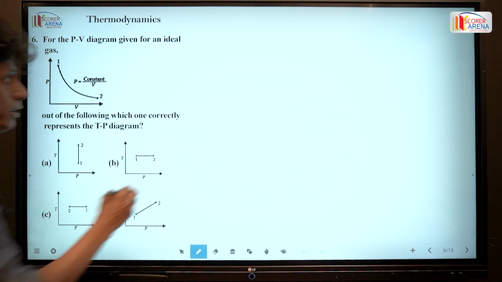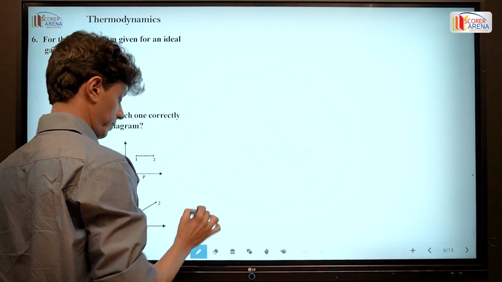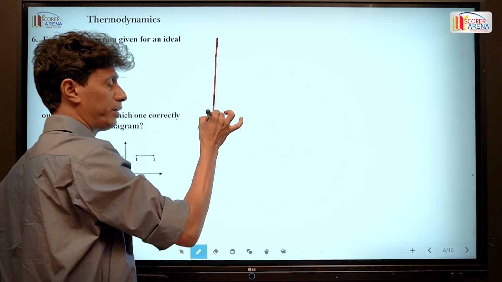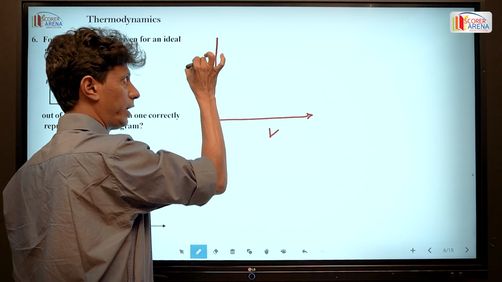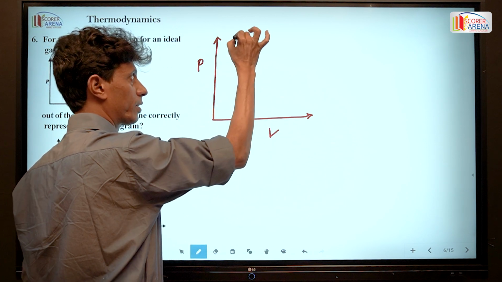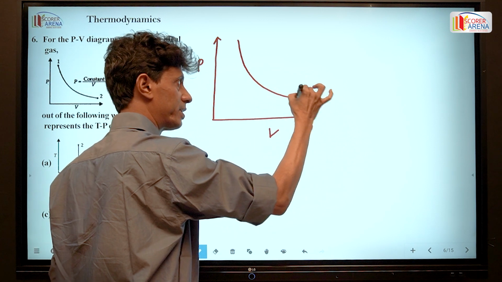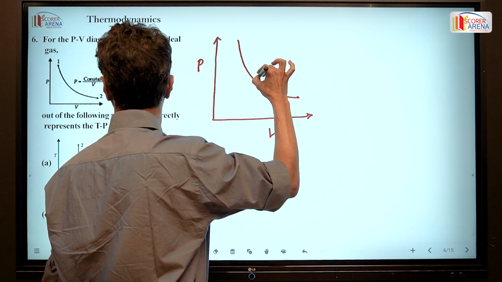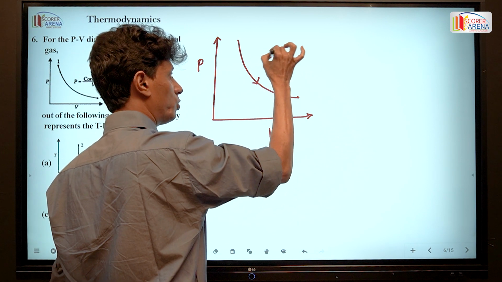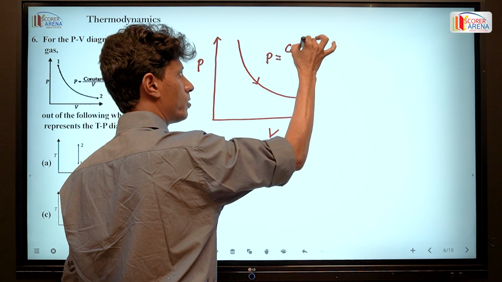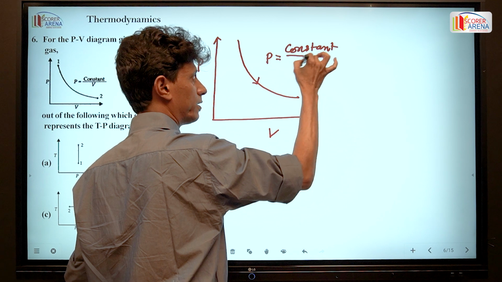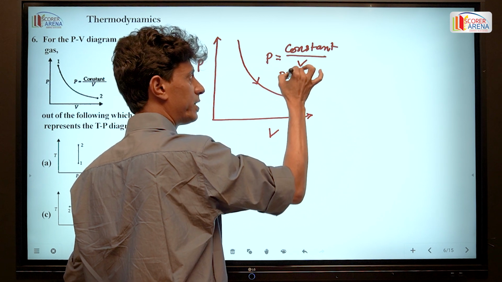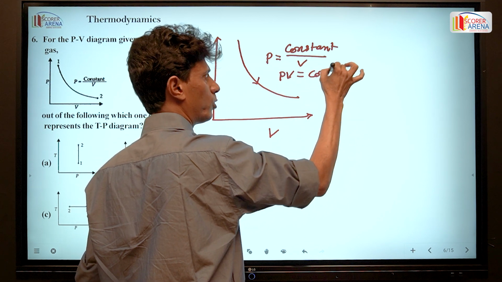So here in the problem, a V and P hyperbolic graph is given, where P is equal to constant by V. So it is actually PV is equal to constant.